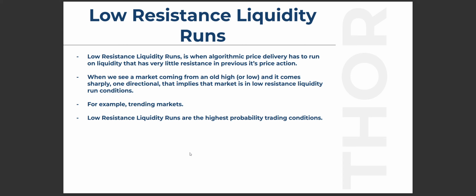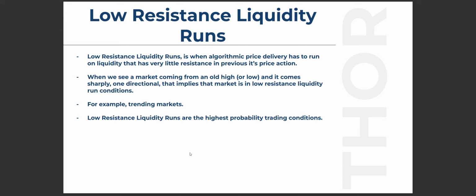When we see a market coming from an old high or an old low rather sharply or one directionally, that usually implies that the market is in low resistance liquidity run conditions, and it's going to be in that condition until it completes its objective. What I mean by that is, until it completes the market maker model.